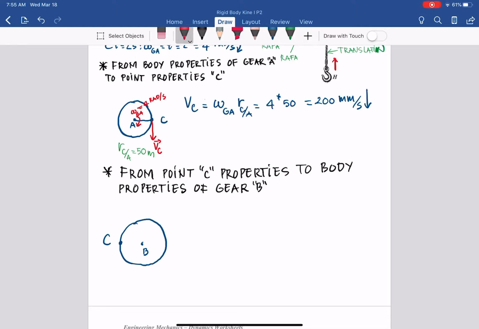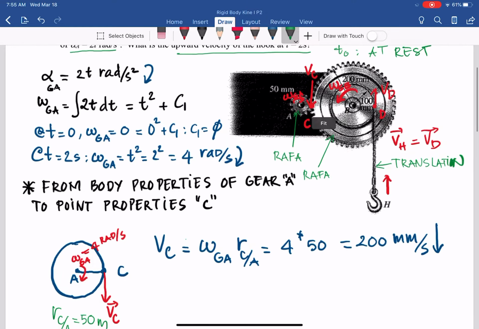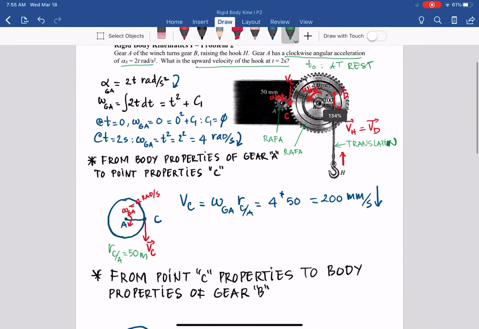So Vc going down, Vc equal to 200 millimeter per second. We also know C relative to B, which is the radius of gear B, and that is 200 millimeter.